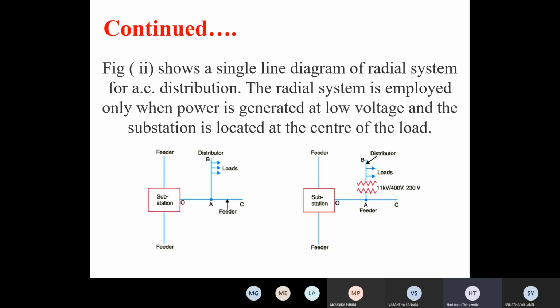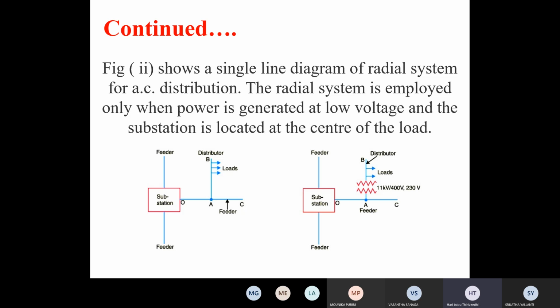Here, as usual, OC is the feeder and AB is the distributor. In the feeder there is no voltage step down. Only at the distributor will the voltage be stepped down from 11 kV to 230 volts or 400 volts.